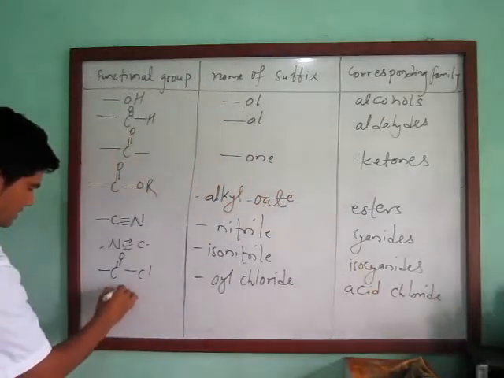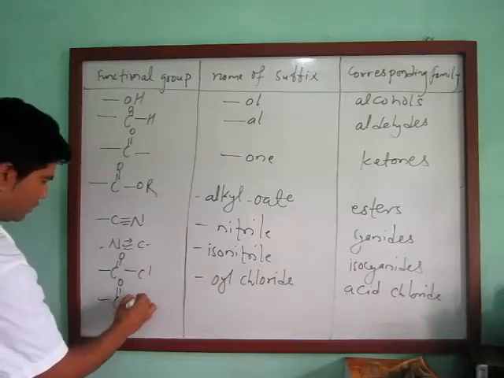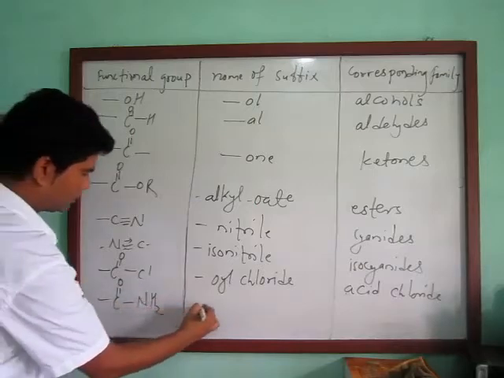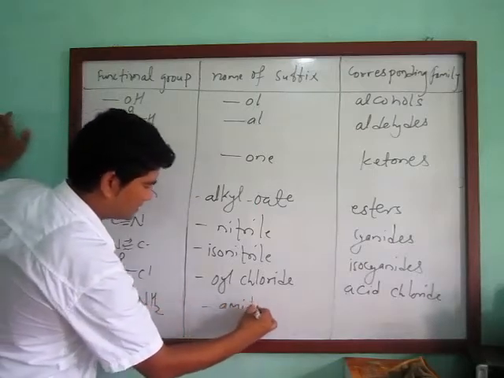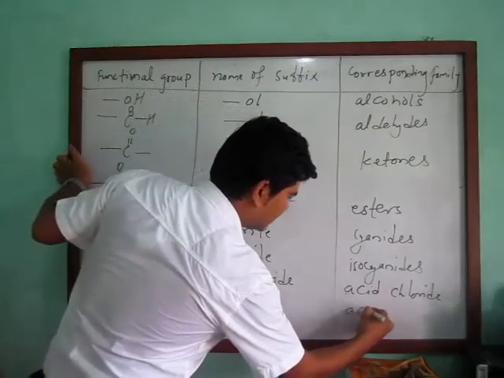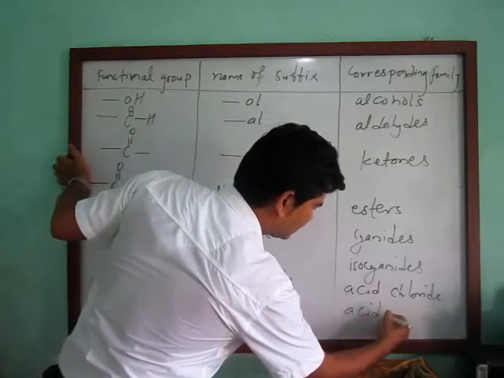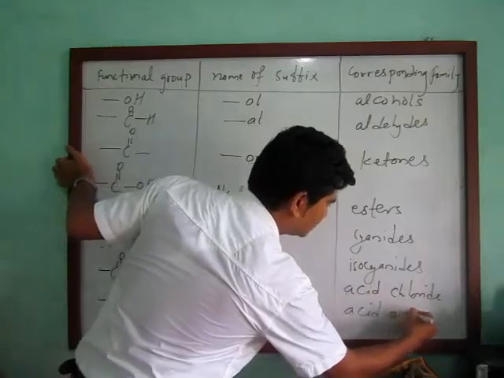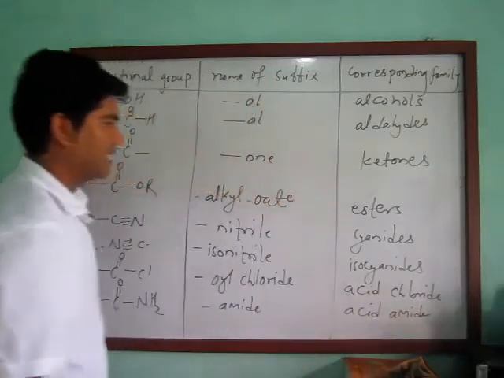Similarly, for this type of compound, C double bond O NH2, we should use amide. For the acid, amide comes under acid amide.